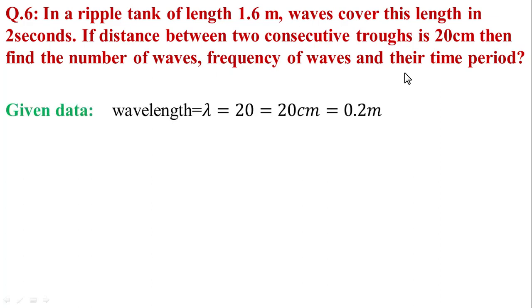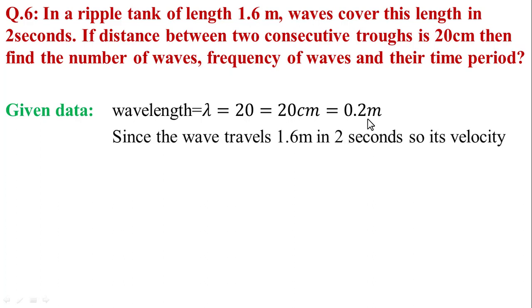Now write the given data. The distance between two consecutive troughs is equal to the wavelength. Wavelength lambda is equal to 20 centimeters. Changing centimeters into meters, 20 divided by 100 is equal to 0.2 meters.